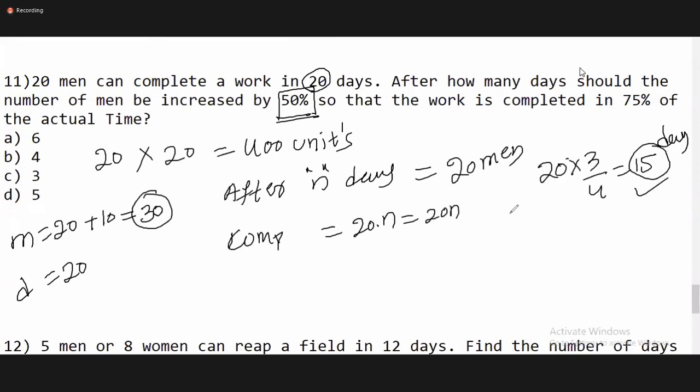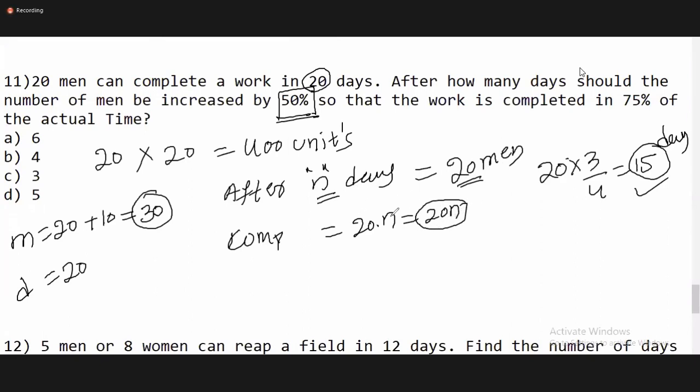In n days, with a manpower of 20, they'll finish 20n work. Yes or no? 20n work.